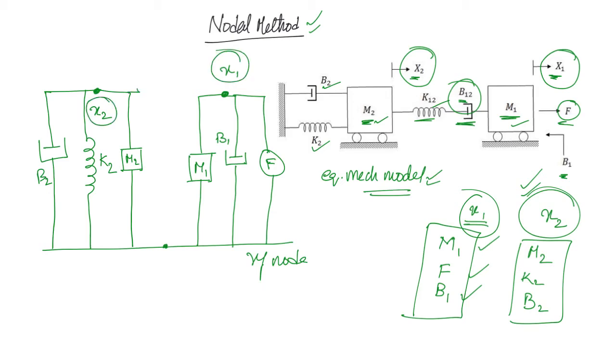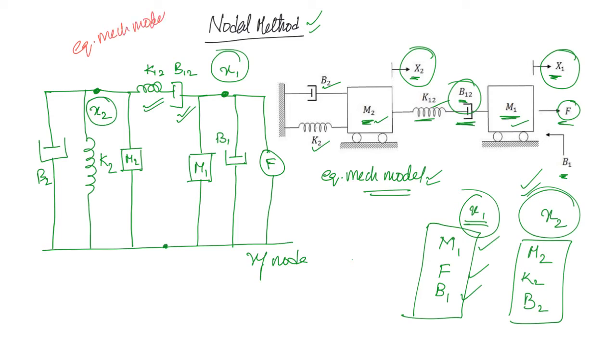So here you will have k12 and here you will have b12. k12 is connected directly to x2, so that is why we have connected k12 towards x2, and b12 is directly towards x1, so here also we have connected it right next to x1. So this is the equivalent mechanical model.